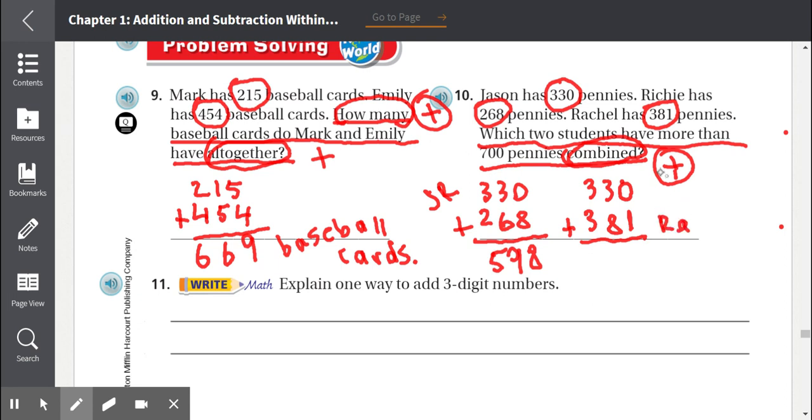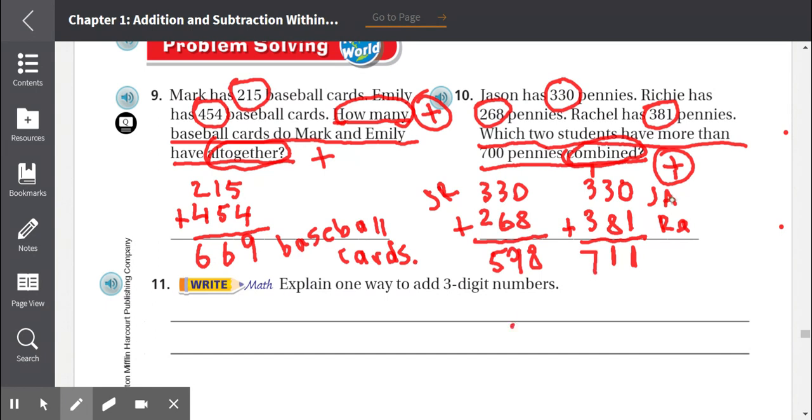RA for Rachel and JA for Jason. So once we add, we started with the ones place. 0 plus 1 is 1. Moving on to the tens place, 3 plus 8 is 11. We carry our 1 over to the hundreds. Now 1 plus 3 is 4. 4 plus 3 is 7.